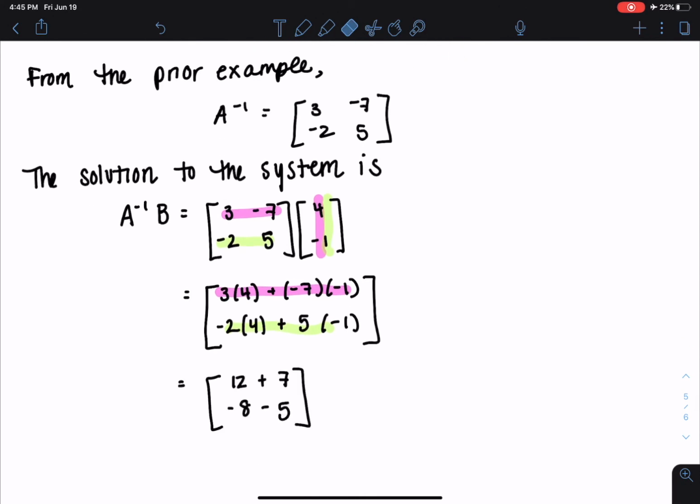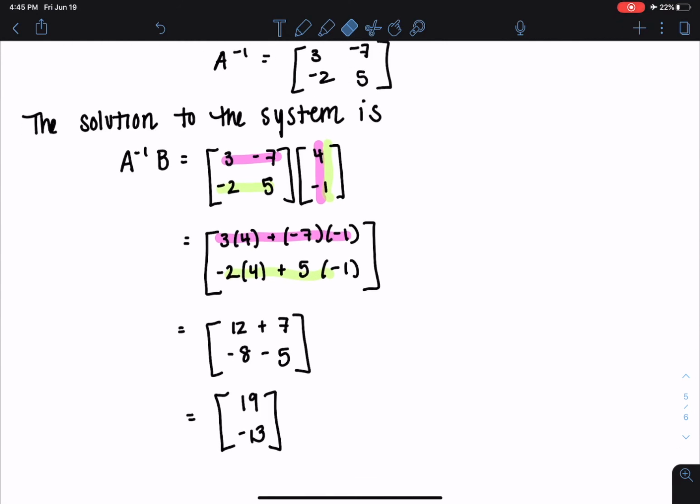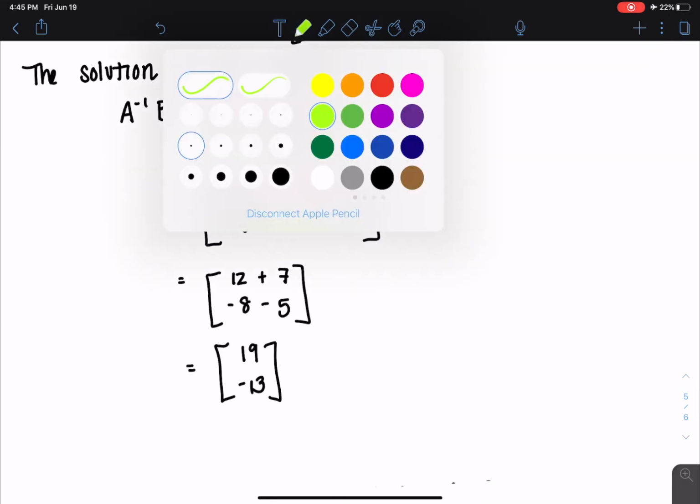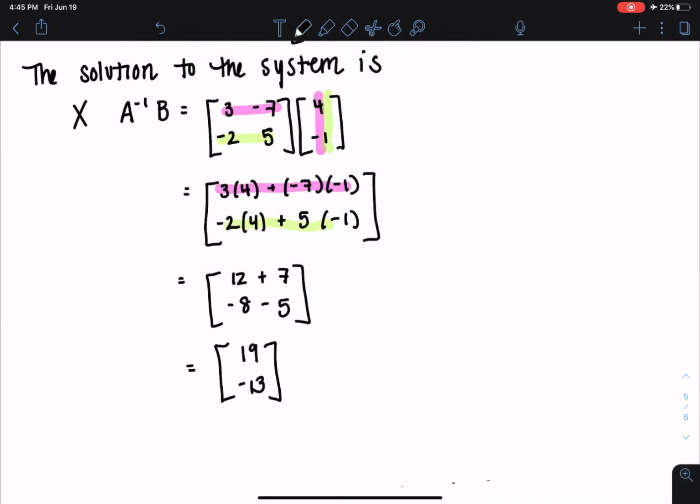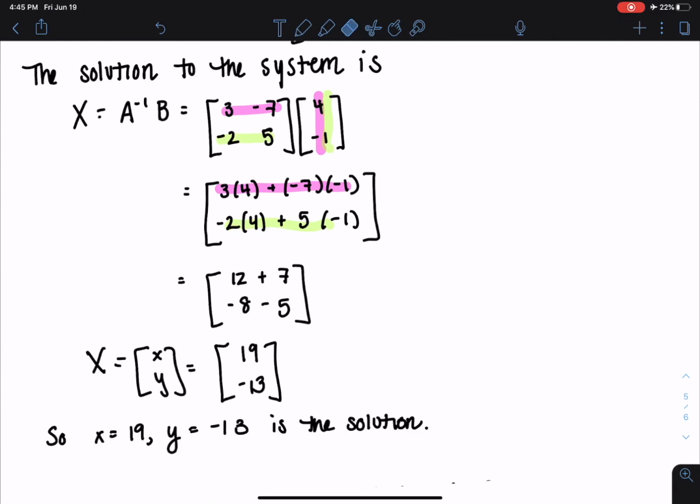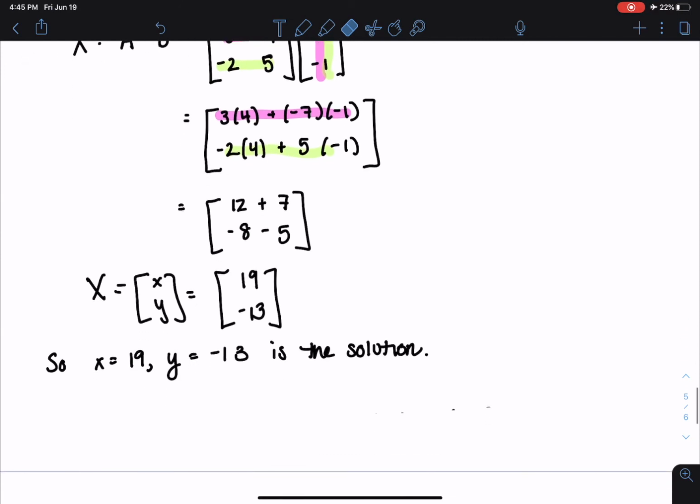That's going to be 12 plus 7, -8 minus 5, and I end up with the matrix 19, -3. So this is exactly my matrix X. So X, which is our x and y variables, is going to equal 19, -3. So the solution to this system is x equals 19, y equals -3.